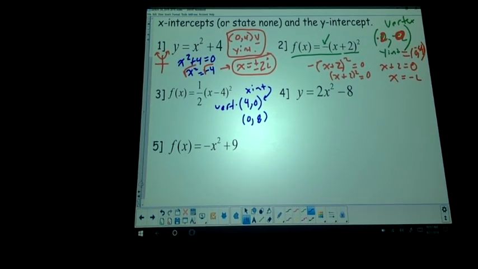All right. Vertex, 0, -8. Where does it cross the y-axis? Same spot. Agree? Where does it cross the x-axis?